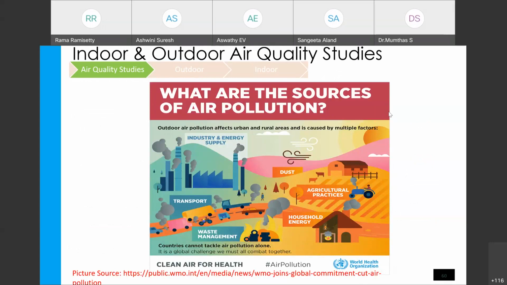So if you look at the sources, there are multiple sources for outdoor and indoor, either from transportation or waste management. For the indoor, we have different types of indoor air pollution sources, also agriculture, dust, natural, and also primary and secondary sources.